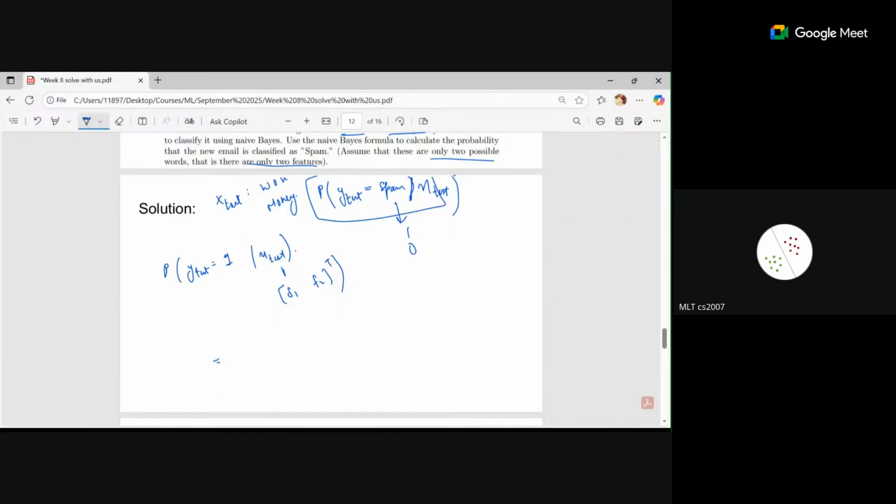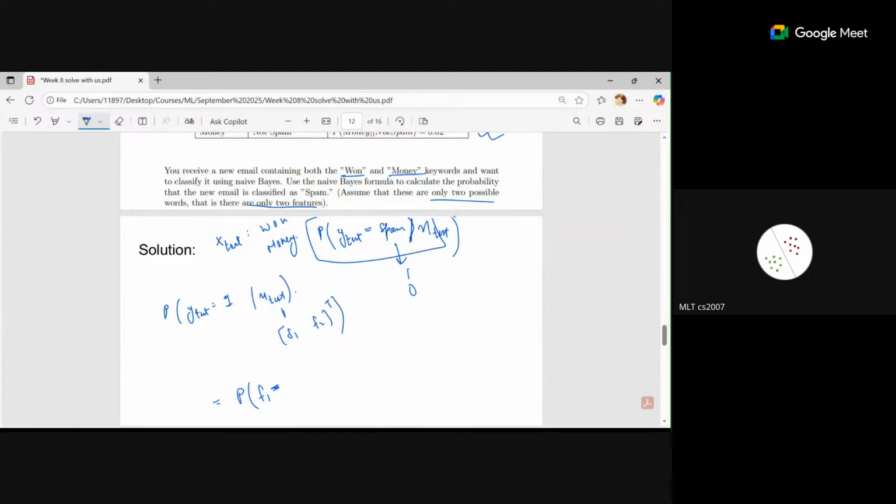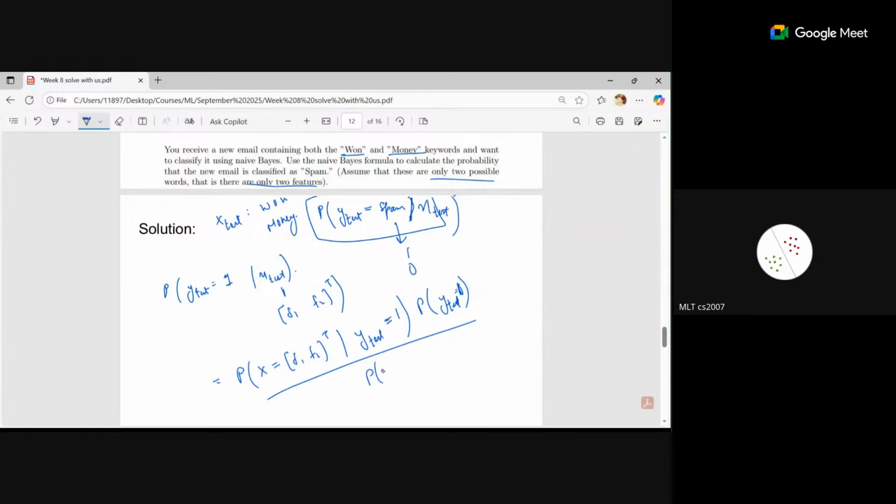The new email contains both the words one and money, so it is basically probability of x test, which is f1 f2 transpose, given y test is equal to 1, meaning spam, times probability of y test is equal to 1, divided by probability of x test.